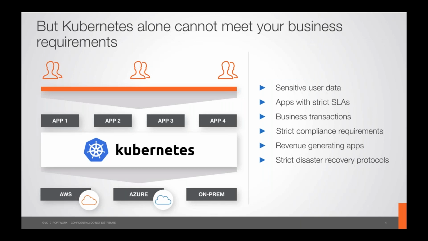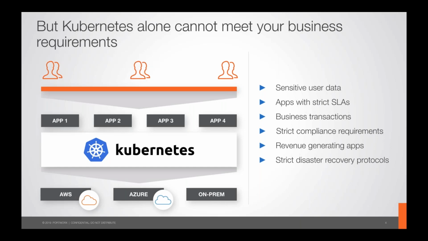We can't change the application to not have these business requirements, and at the same time, Kubernetes alone does not support the capabilities that would allow us to solve them. So we're adopting Kubernetes, getting a lot of benefits, and we want to do more of it, but we run into these barriers. And those barriers tend to have to do with data.